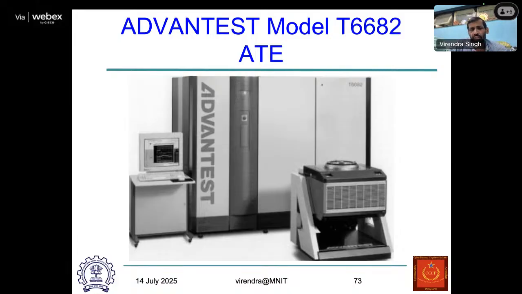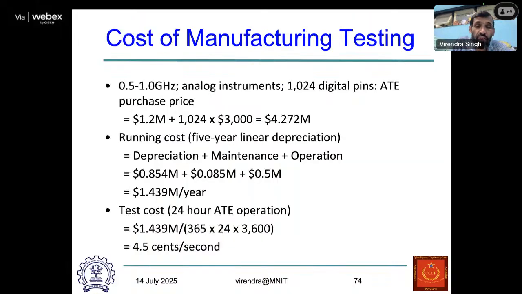This is one of the testers from an advanced manufacturer. You can look at these slides: if I buy a tester, it costs me some amount, and I use it over a couple of years.